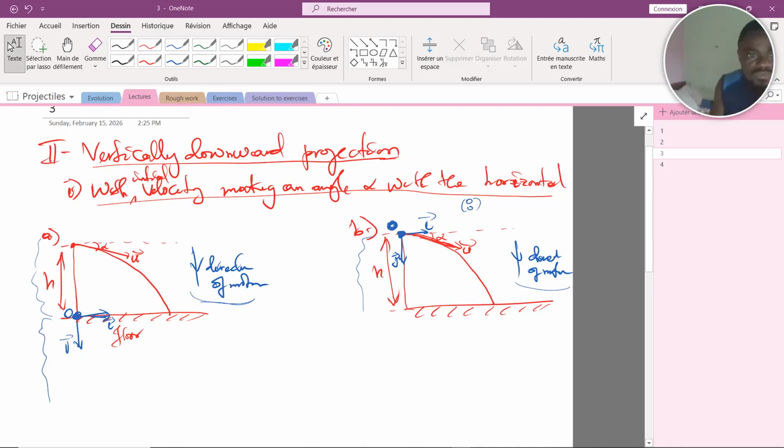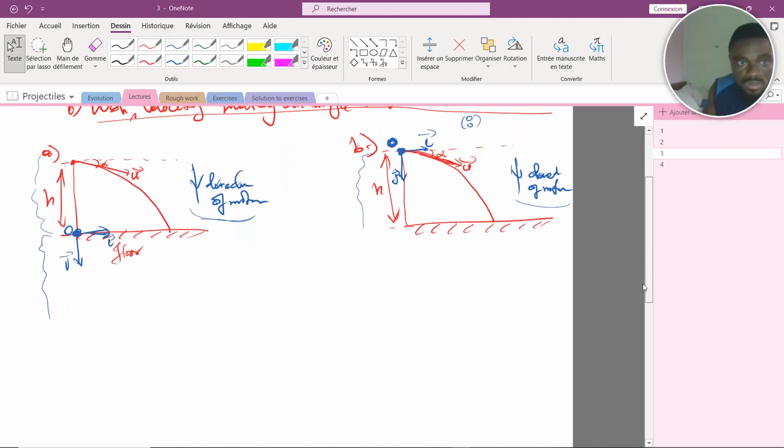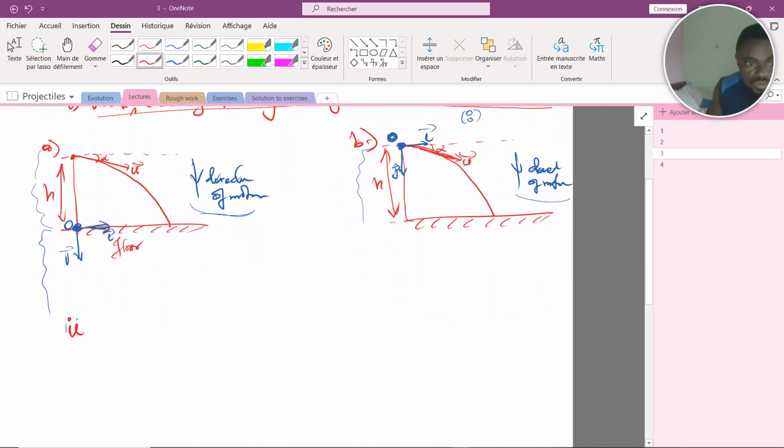Now, the second thing we have to see is vertical downward projection with horizontal initial velocity. So the angle between the initial velocity and the horizontal is 0. So let me move to the sub 2, small Roman 2: vertical downward projection with horizontal initial velocity.